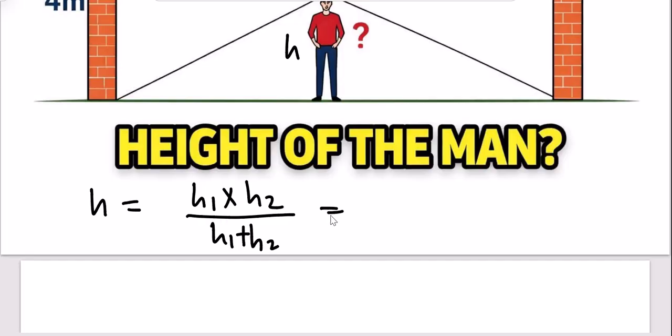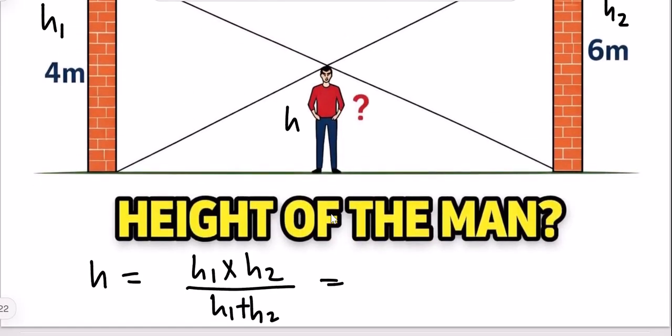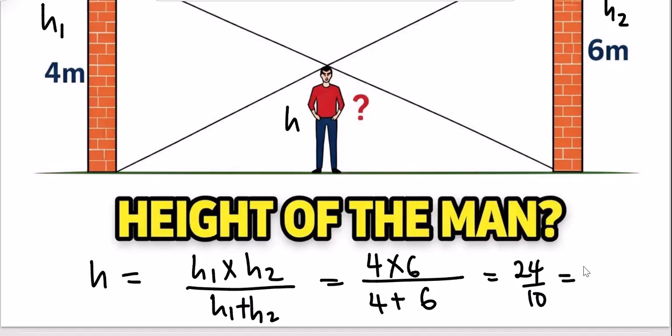So the product of the two heights is going to be 4 multiplied by 6 divided by 4 plus 6. So it is 24 over 10, which is 2.4 meters. This is a very short and concise approach.